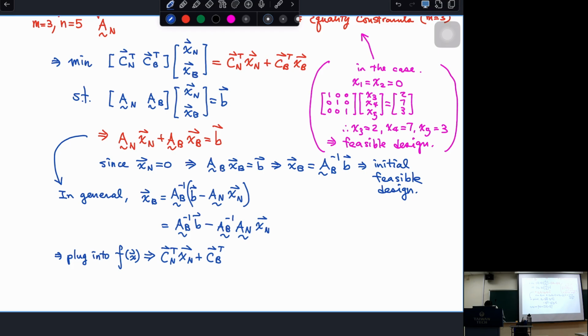So copy the whole thing. Copy this, paste here. Okay, so that would be how the objective function would look if you observe in this way. So let's expand the terms again.